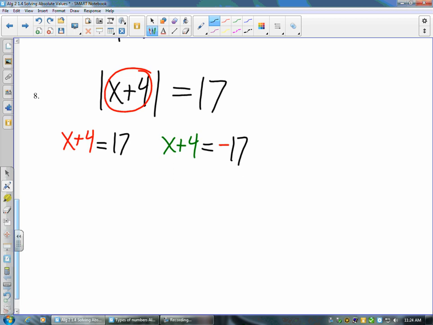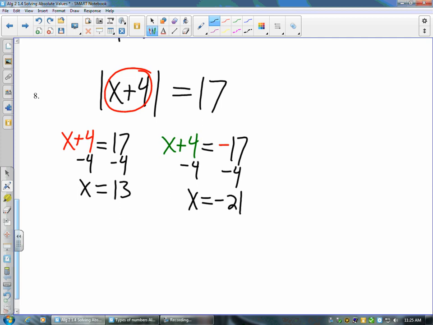You can use your normal steps of algebra to solve the problem. So it's -4 to both sides, -4 to both sides. And you have x equals 13. And then over here, you have a -4, -4. x equals, and -17 minus 4 is going to be a -21.